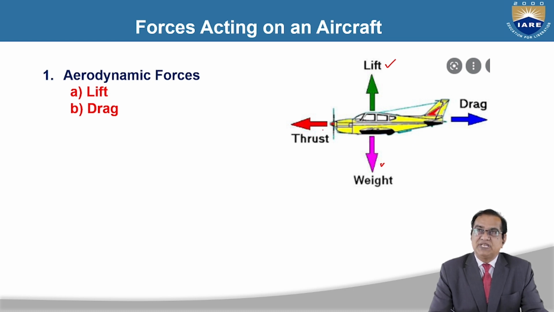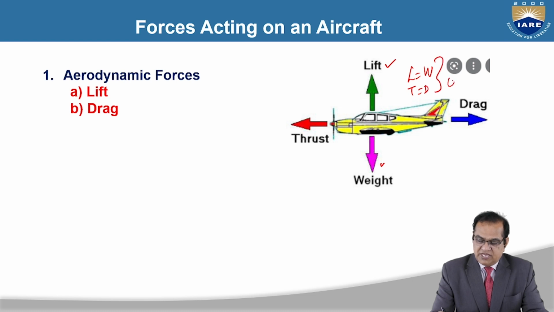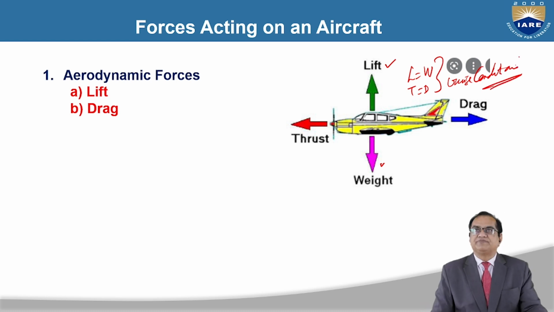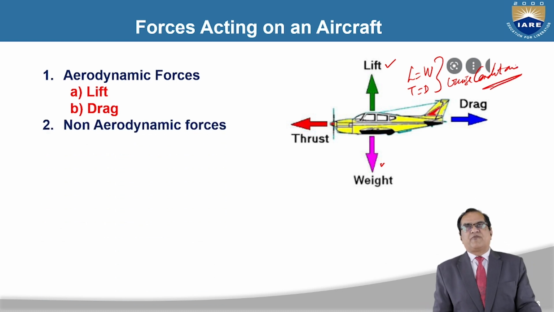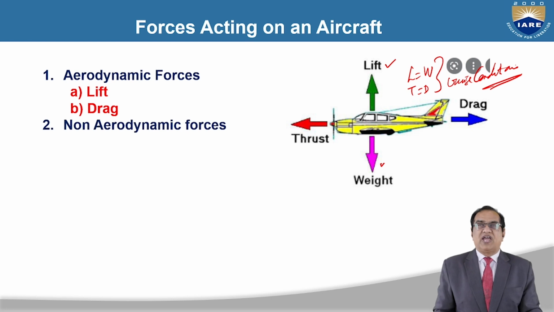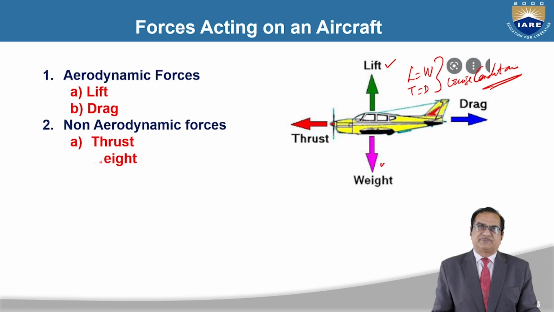This drag has to be countered by the thrust. So lift is equal to weight and thrust is equal to drag in cruise condition. Another type of forces is non-aerodynamic. They are the weight and the thrust, as shown in this diagram.